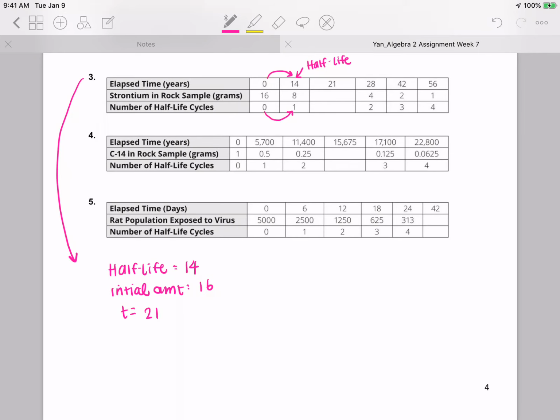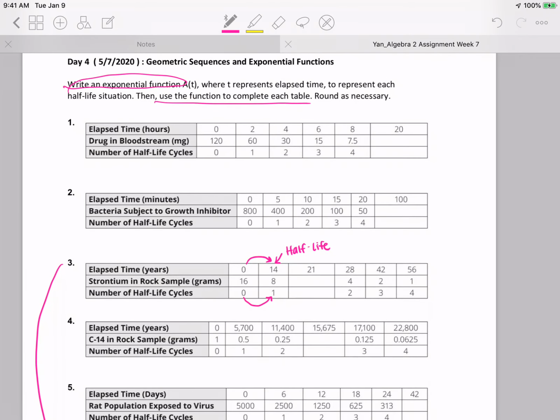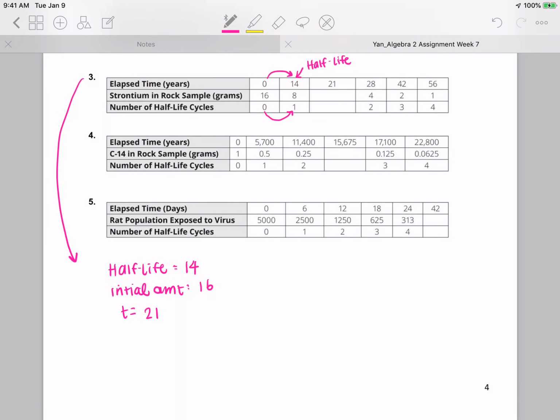So let's write our formula first. Let's start off with, are they using f of n? Oh, A of t. So A of t equals the initial amount, 16, times half, to the t over 14.